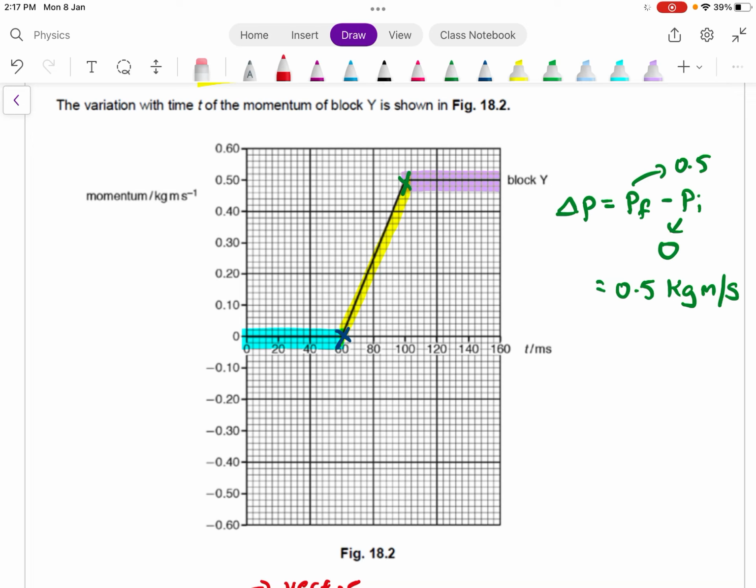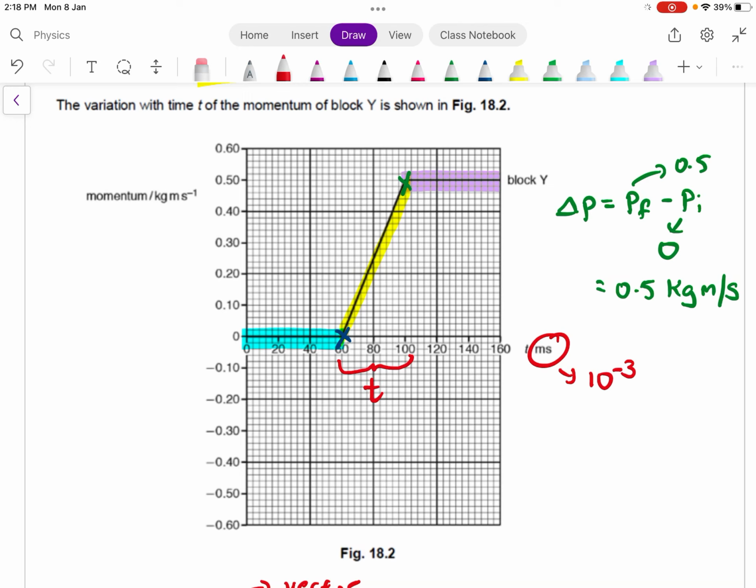The time of contact is from 60 all the way to 100. So this is the time in contact. Just take note of the units, milliseconds, meaning 10 to the power of negative 3.